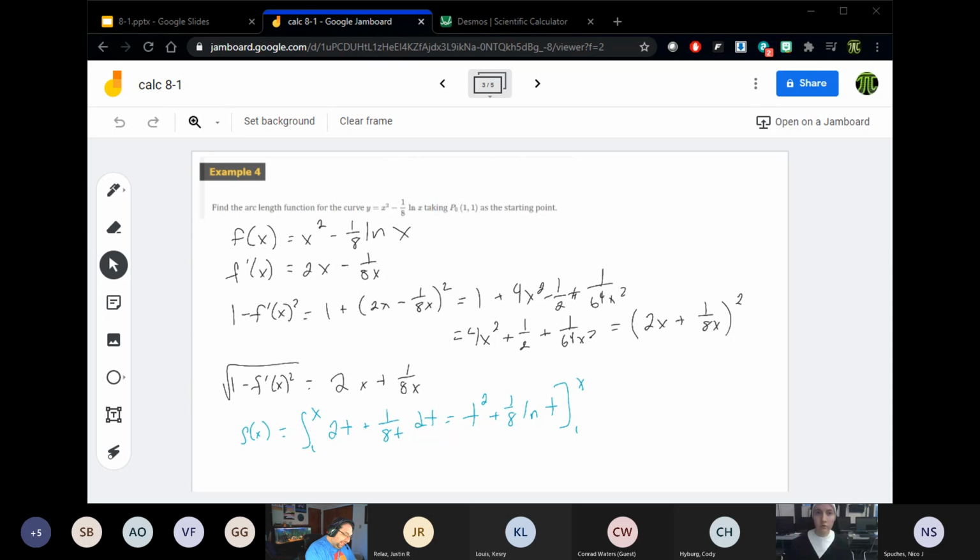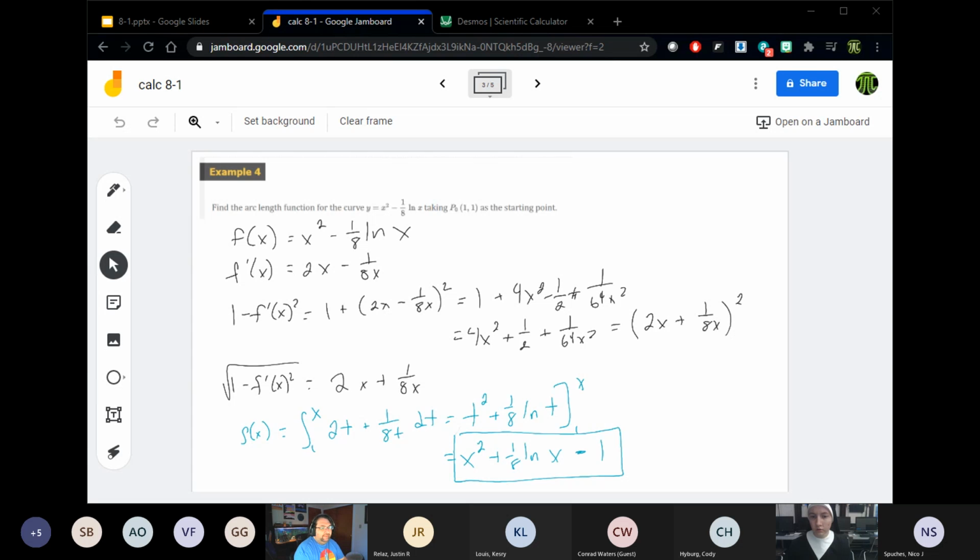And we plug in x, so we get x squared plus 1/8 ln of x, and it's minus 1. This is my final answer. So that would be my arc length formula, or arc length function, for y equals x squared minus 1/8, starting at 1.